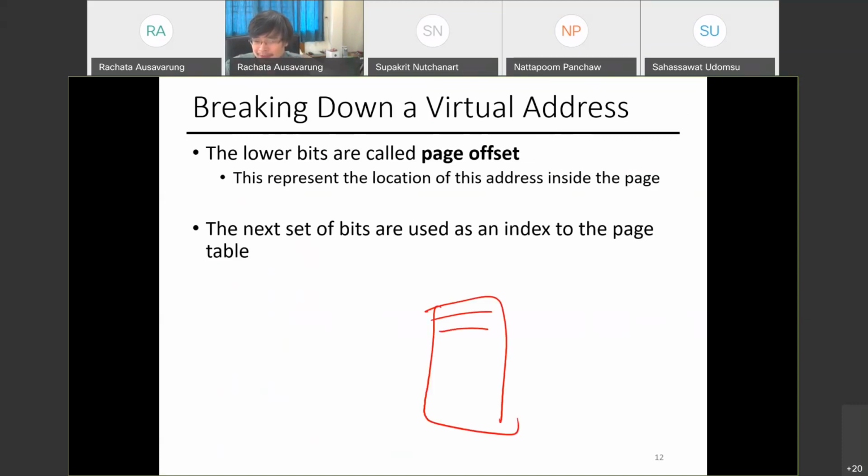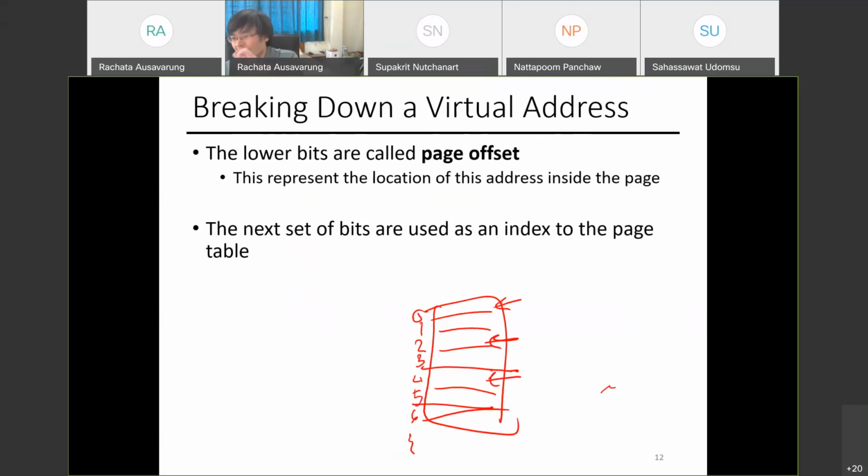So it has multiple entries. These can be indexed by the 0 entry, the first, the second, the third, the fourth, fifth, sixth entry, and so on. The index means that I'm able to tell: do I look here? Or do I look here? Or do I look here? Based on the value of these index bits.